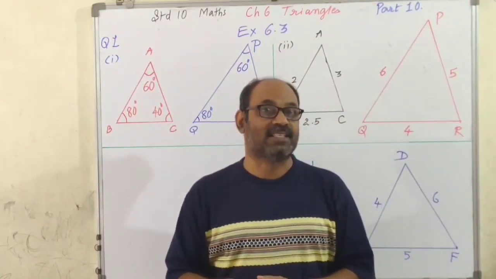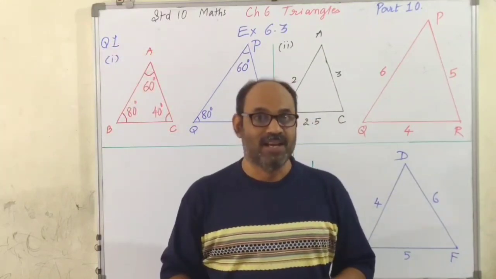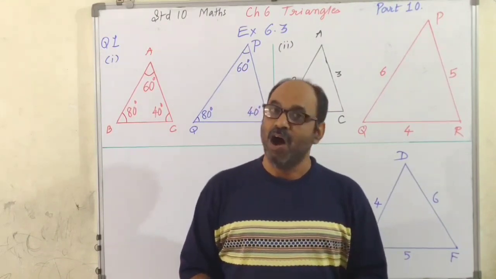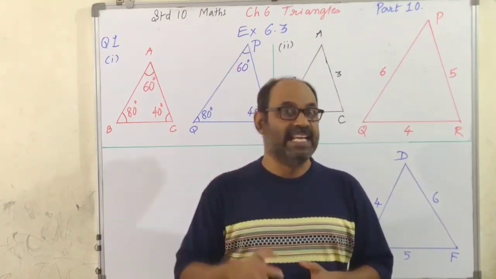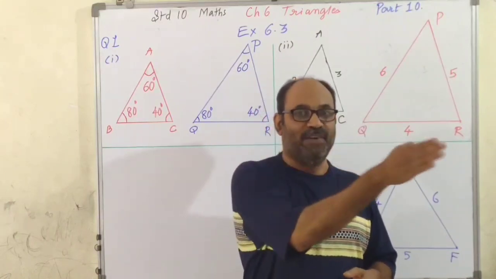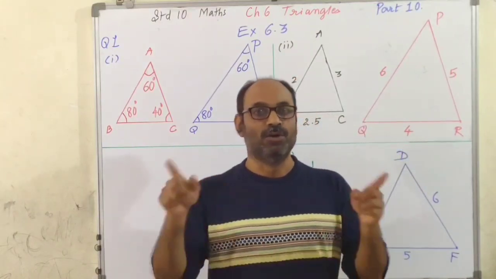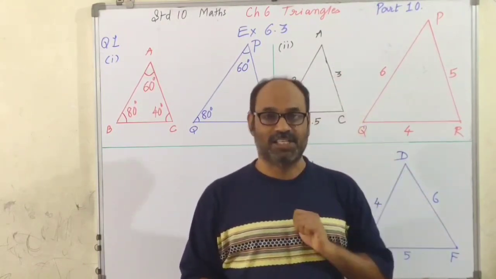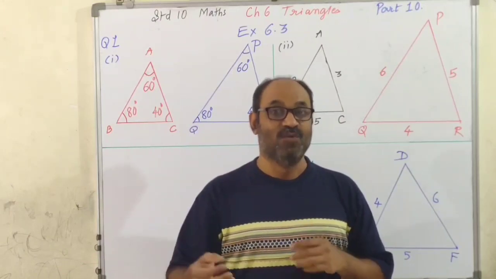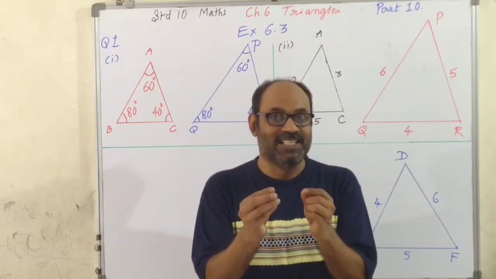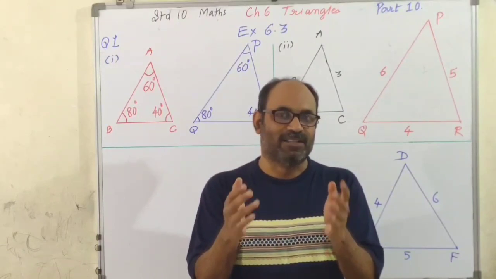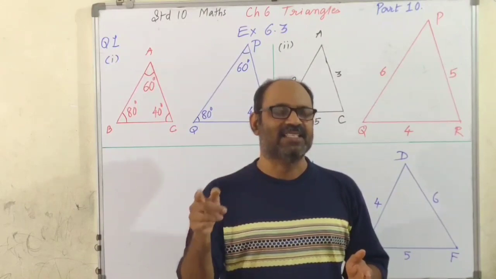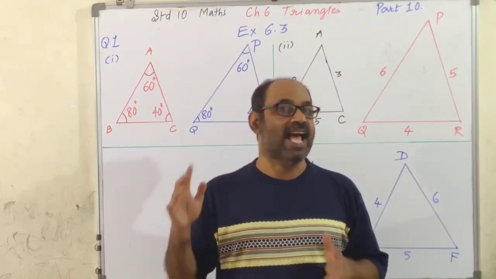After solving the 6 sub-questions of question 1, we will get a perfect idea of the 3 conditions with the help of which we prove 2 triangles to be similar. Because in those illustrations that we are going to solve next, we need to use those conditions, theorem 6.3, 6.4 and 6.5, AAA, SAS and SSS.